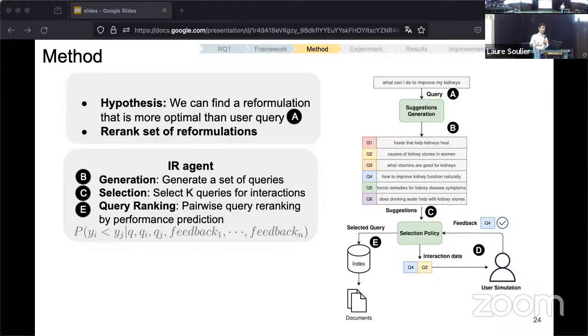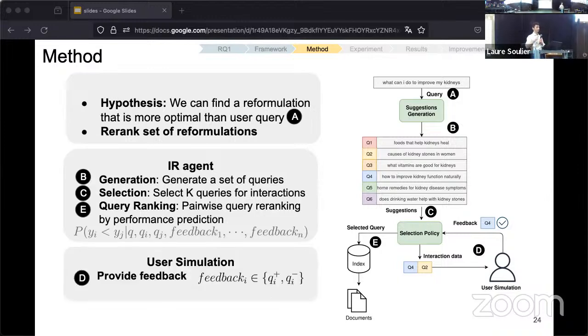Then we have a selection mechanism that selects a number of queries to suggest to the user. The user simulation gives feedback on the suggested queries, and given the feedback, we can re-rank the queries by performance prediction. We repeat the process over the turns of interaction.